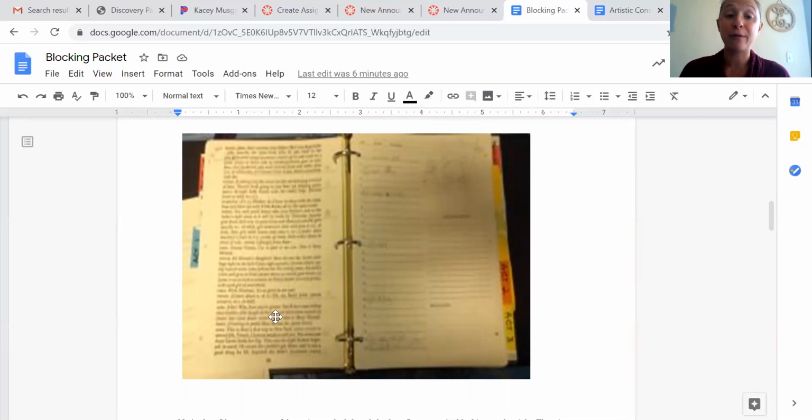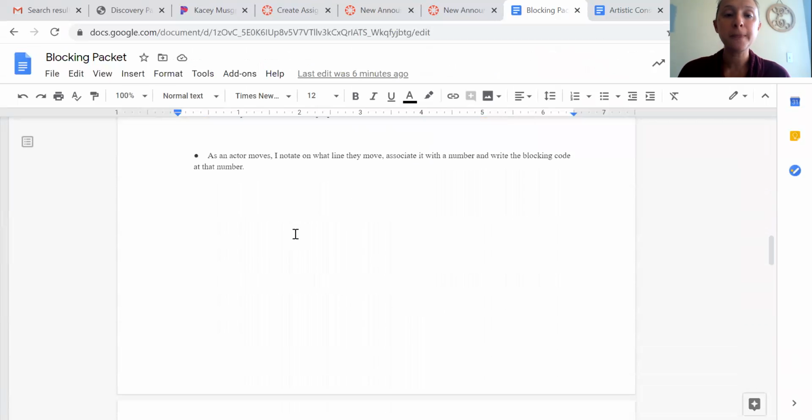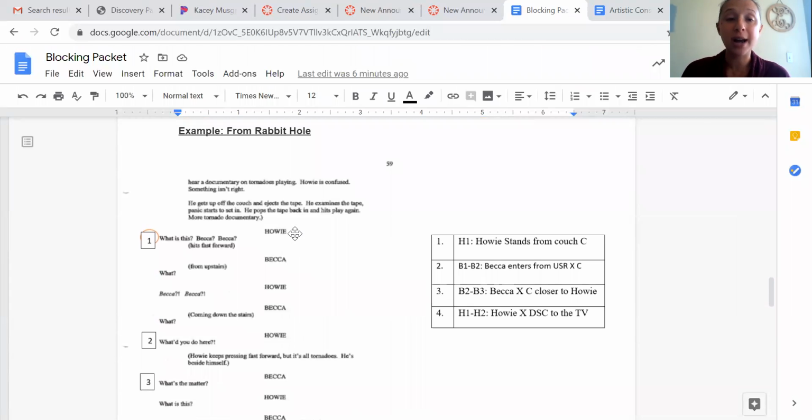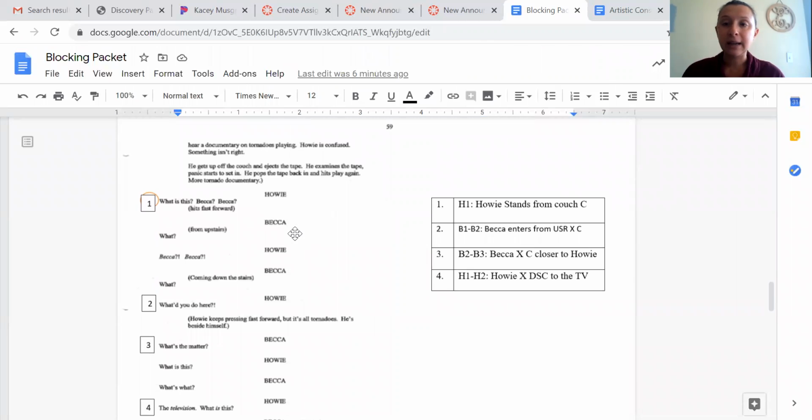On the left, I have one page of my script, and on the right, that's where I write down all the blocking, everything that's happening on that one page. I'm going to scroll down and show you an example. This is from Rabbit Hole. You guys had read through the beginning of this scene, so I brought it back because it's familiar to you.